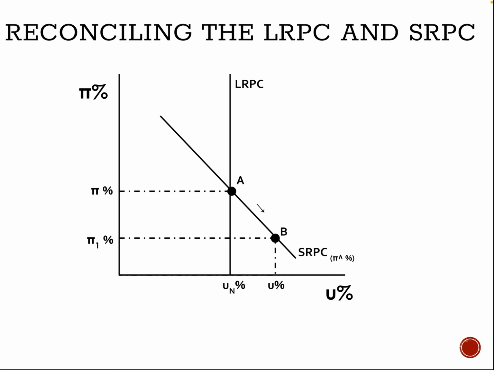Because if there are that many workers out of work, the firm has their choice of workers. And because workers are not scarce in this instance, there's less likely to be pressure for input costs or wages to go up. And for firms, if the input costs are unlikely to go up, they're unlikely to raise prices, which means the prices of goods and services in the economy overall is unlikely to go up as well. So there's very little inflationary pressure, very little pressure on prices to go up.